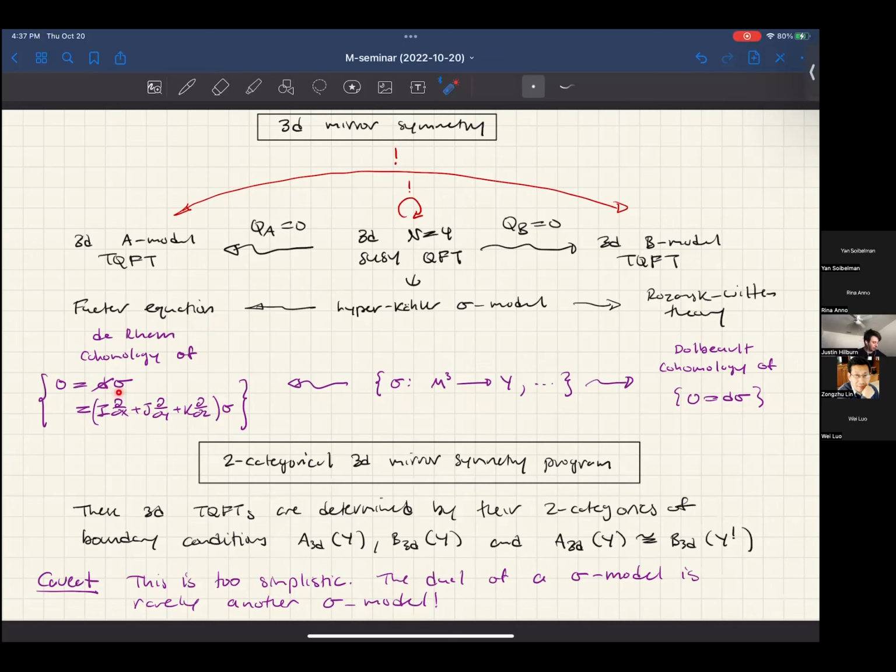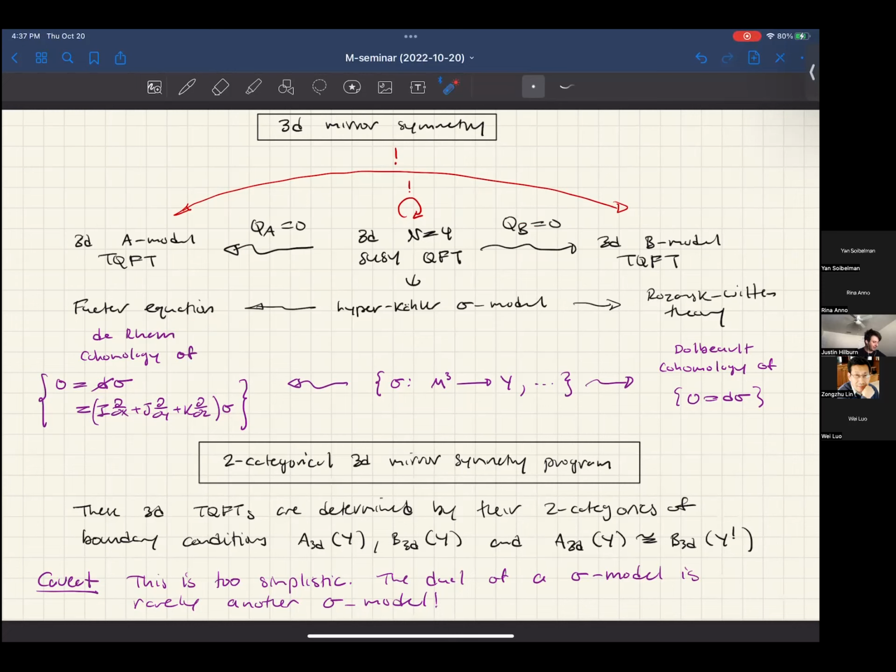So this tells you that your field sigma satisfies the following PDE. So suppose I'm studying things on R3, then you can study the PDE i times d/dx plus j times d/dy plus k times d/dz applied to sigma is equal to 0.